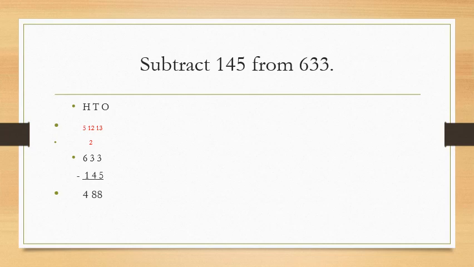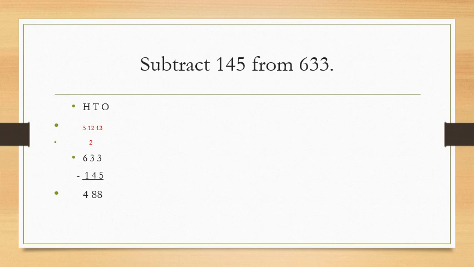So children, now you will borrow 10 from 3 tens to make 2 tens. So now 3 will become 13. So at ones place 13 minus 5 is 8. So children, write 8 under ones.